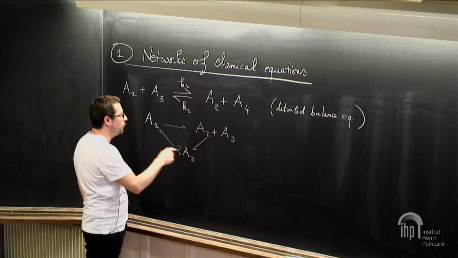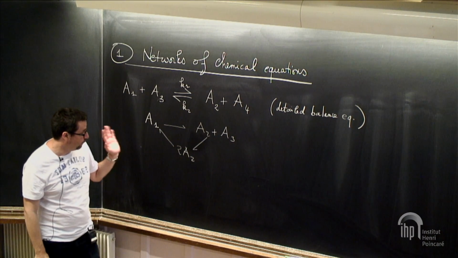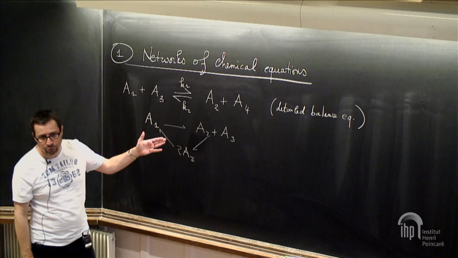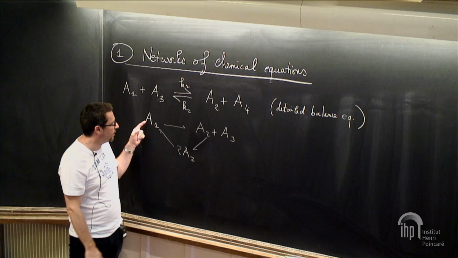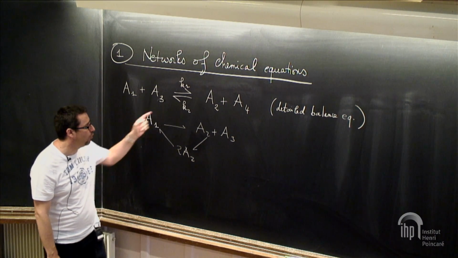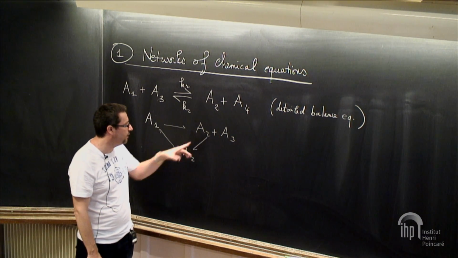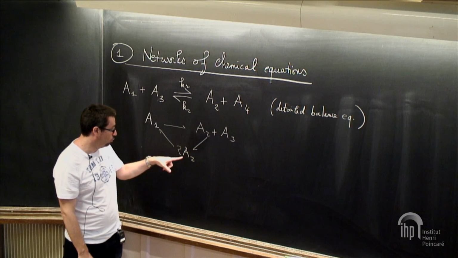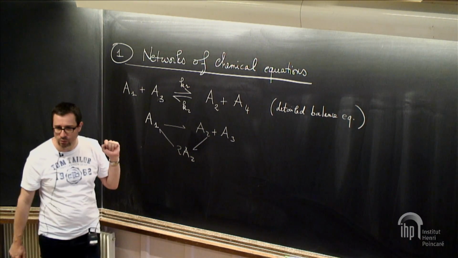So you can turn only in this way. So you have 3 species, A1, A2, and A3. And A1 can react and transform in A2 plus A3. Then this one can become 2A2, and this one can become A1.